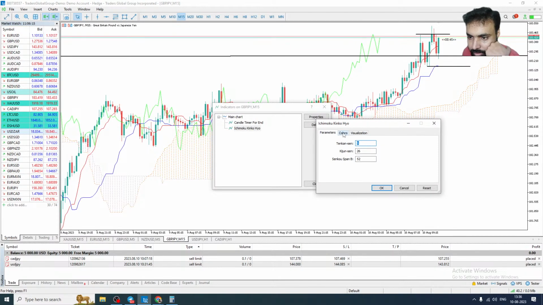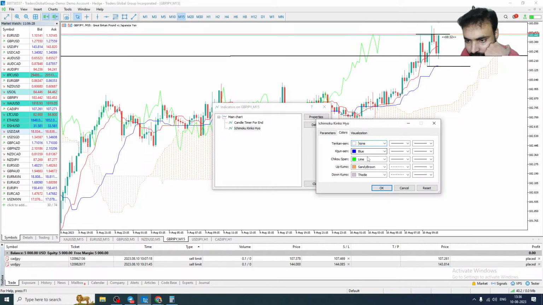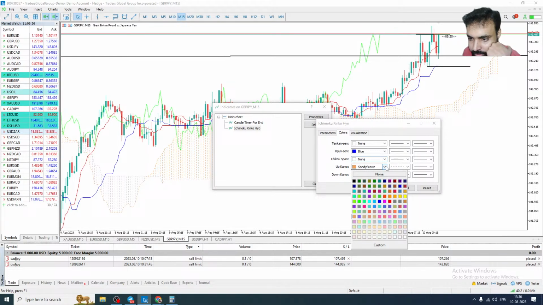Go to the colors. You just want the Kijun-sen line. Tenkan-sen is not required. None. Blue line, this Kijun-sen line. And Chikou span is not required. And this Kumo, up Kumo, down Kumo, that is also not required. None.